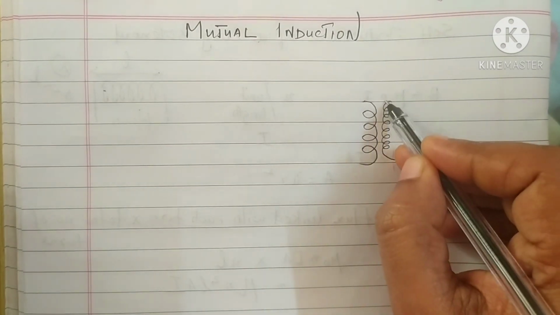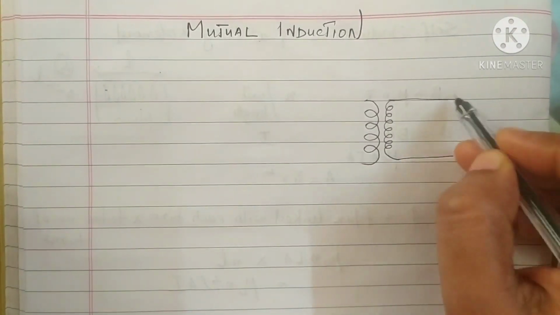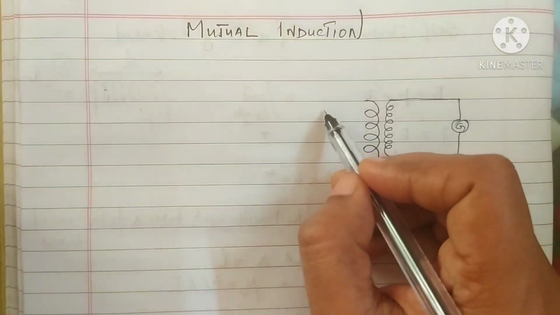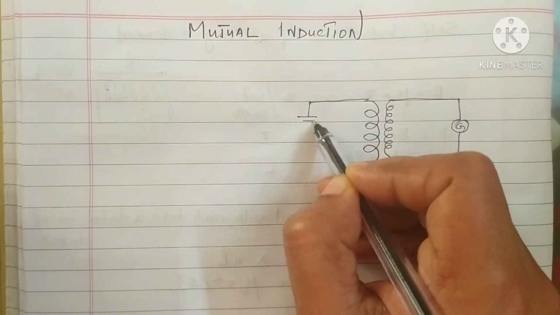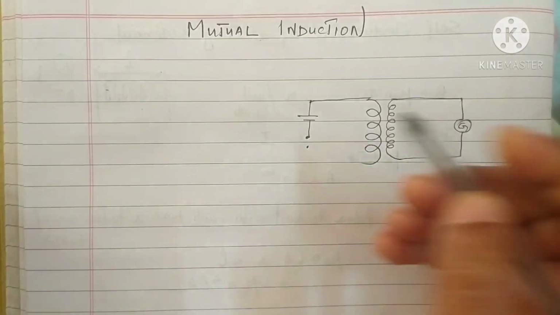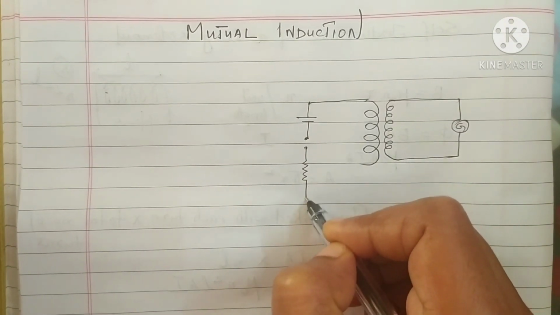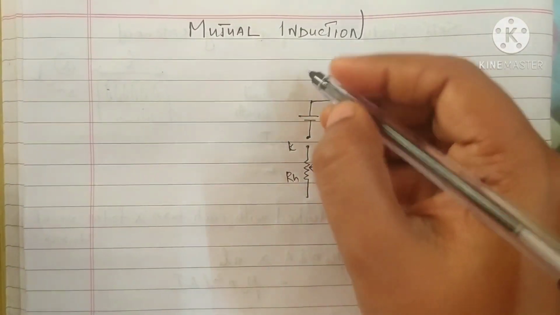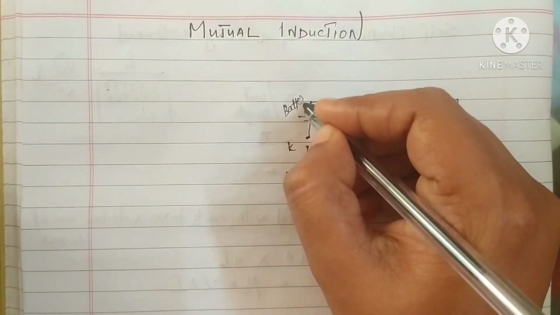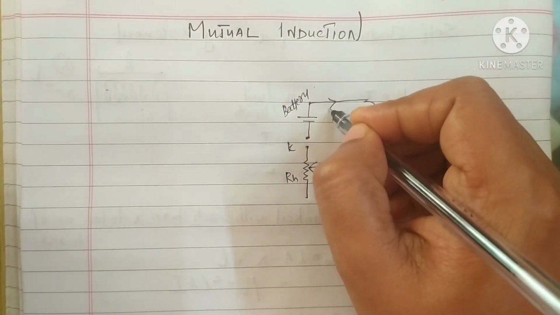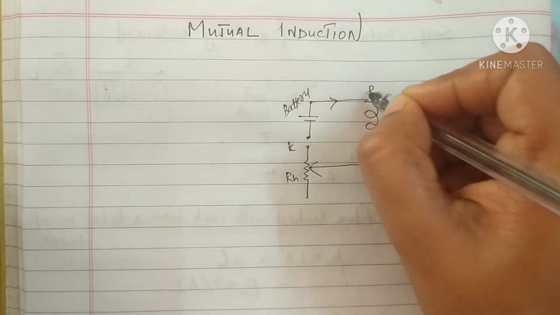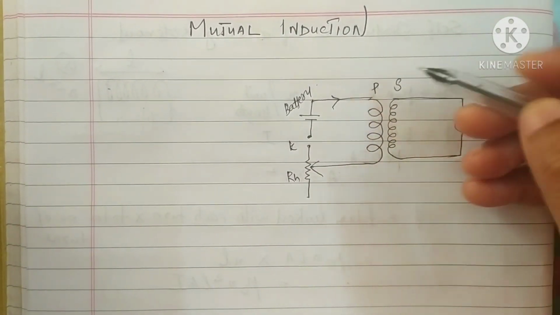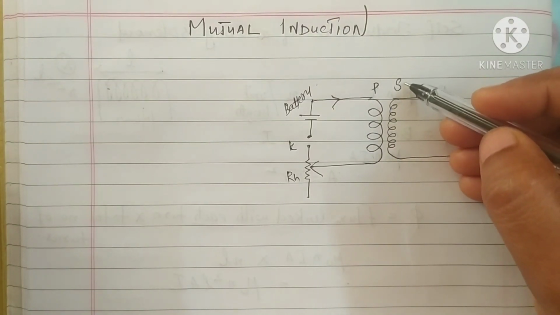Now this second coil is connected to a galvanometer, and the first coil is connected to a battery, then a key, and then a rheostat. Let the names of the coils be P and S. So this is known as the primary coil and this is the secondary coil. Clear?